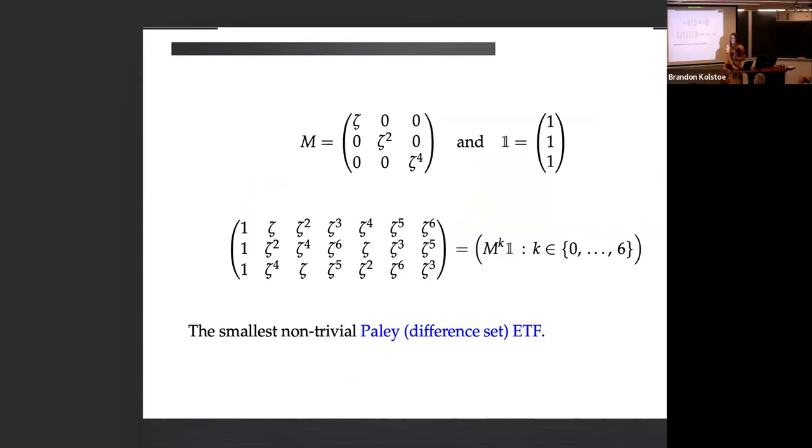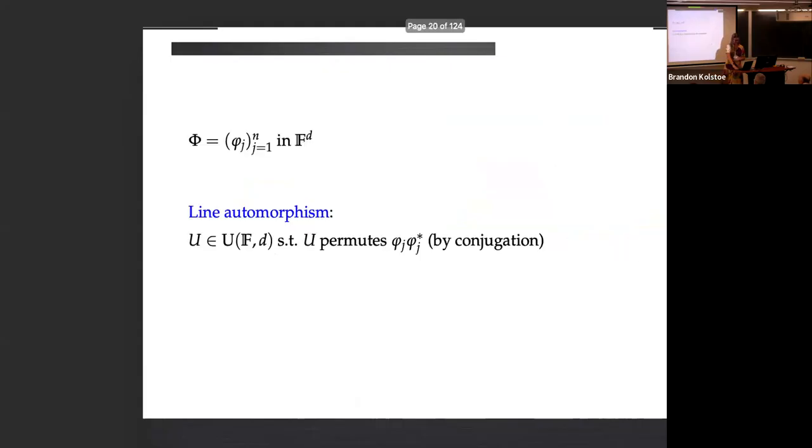So first, I'm going to be really explicit in what I mean by symmetries. We have a collection of n vectors in d-dimensional coordinate space. Then I define a line automorphism to be some unitary, if it's complexes, or orthogonal, if it's reals, such that if I conjugate the rank 1 projections onto the spans of each of the individual vectors by that U, then it permutes those projections.